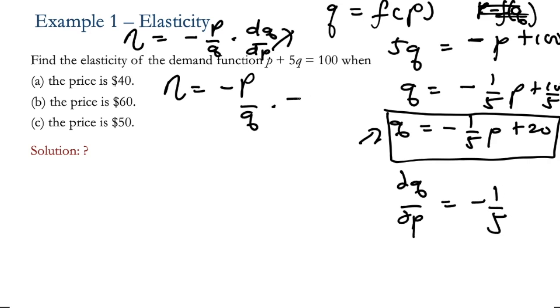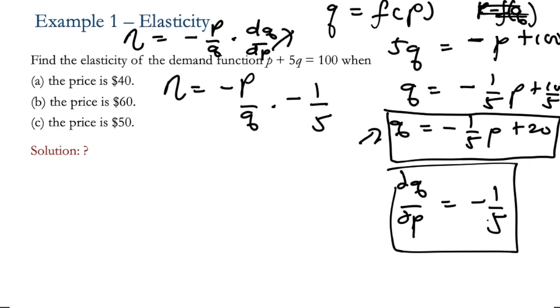So you can plug into the formula minus 1/5. Now the minus sign here is actually just to show you the relationship between Q and P for demand, quantity demanded. Remember, this is to show the law of demand.